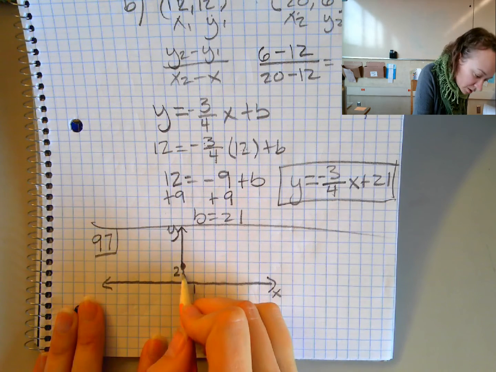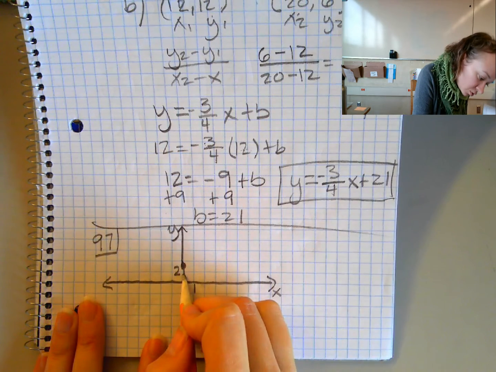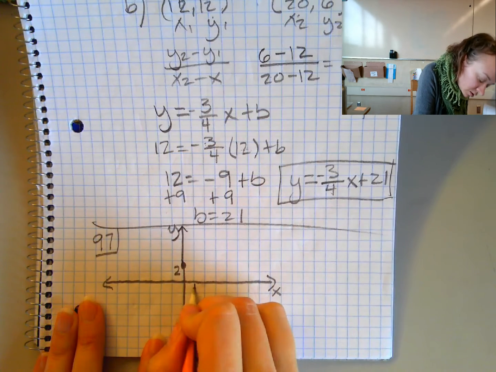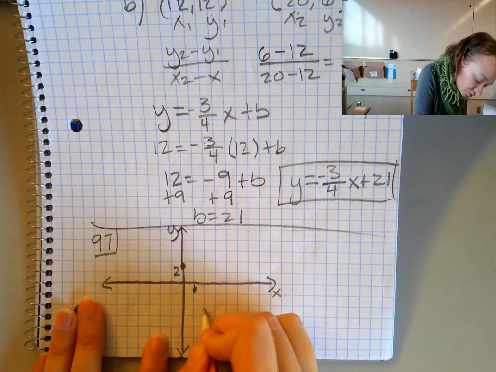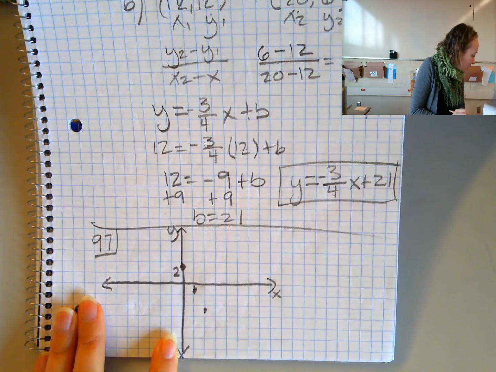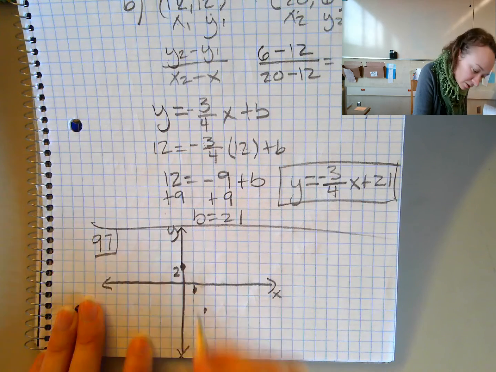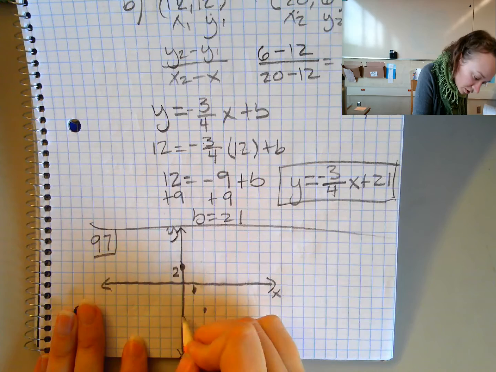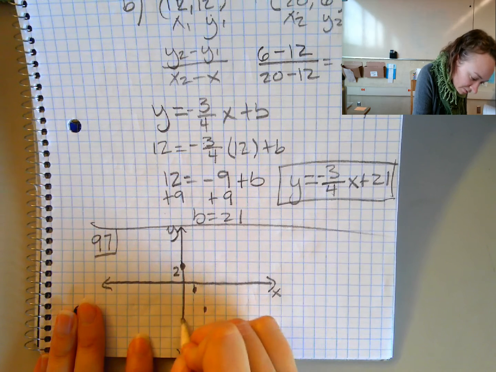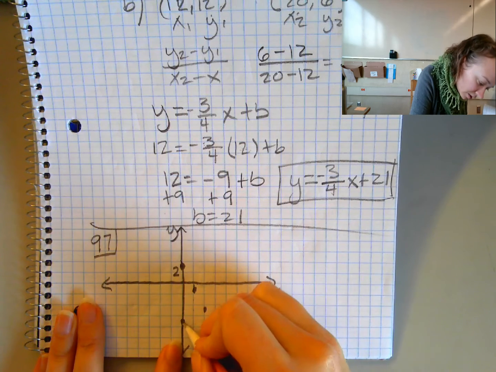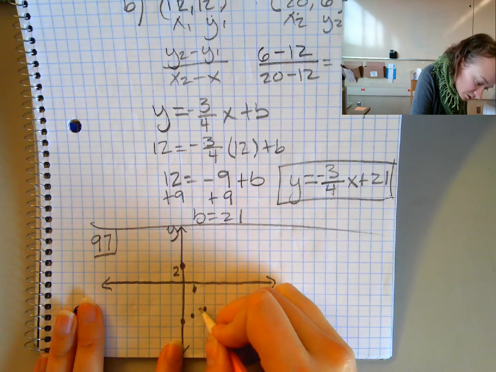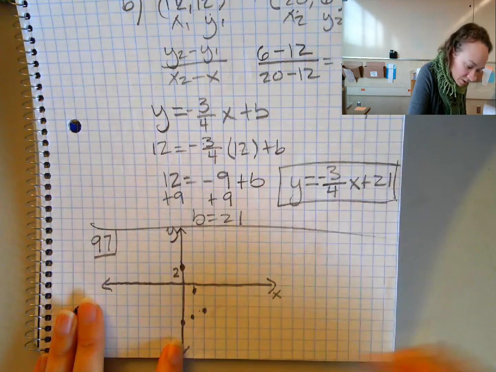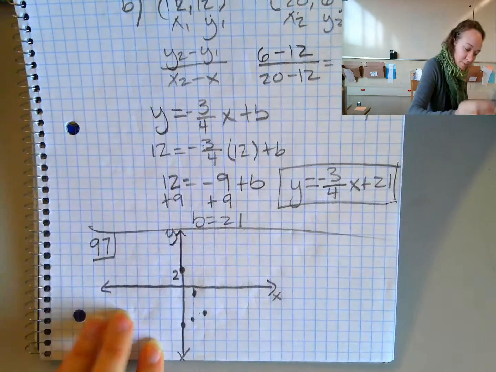So that would be 2, 4, and then over 1, down 4, 1, over 1, etc. And then x minus 7. So 2, 4, 6, 7. And then I go up 1, over 1, up 1, over 1. So that's my matching point there.